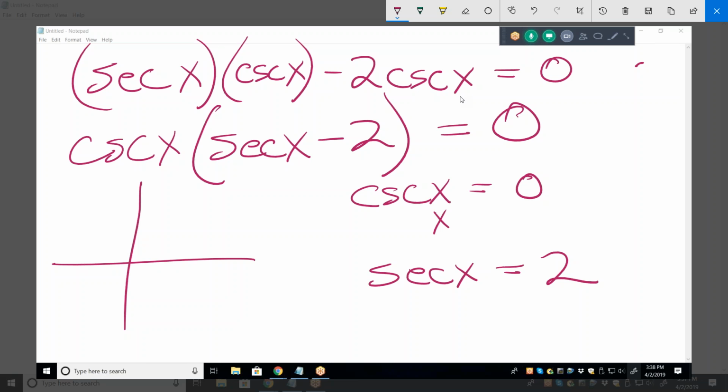Cosecant sits on top of the sine, so we know that it's got to be on top of the peak of that sine curve and on the bottom of the valley of the sine curve, and that's 2 pi.